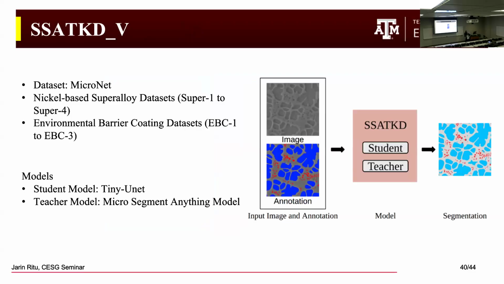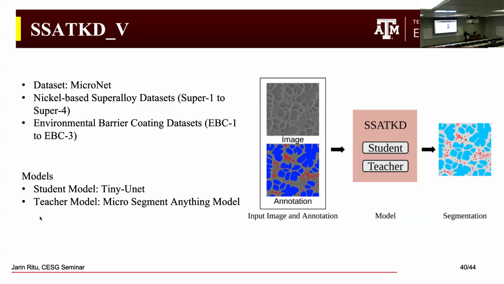It has two subsets of images: one for nickel-based superalloy images, and one set for an environmental barrier coating dataset. I am using only one subset for this purpose, because this is still in an initial phase of development. So I will be showing some preliminary results showing how this SSATKD work can be used for vision tasks.